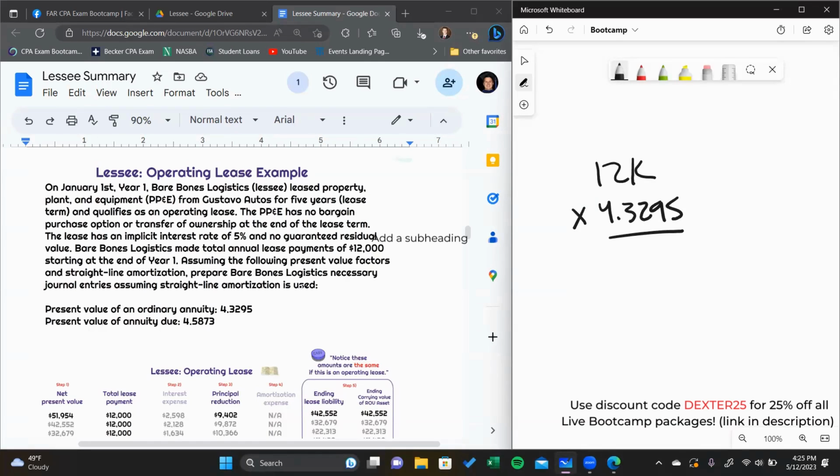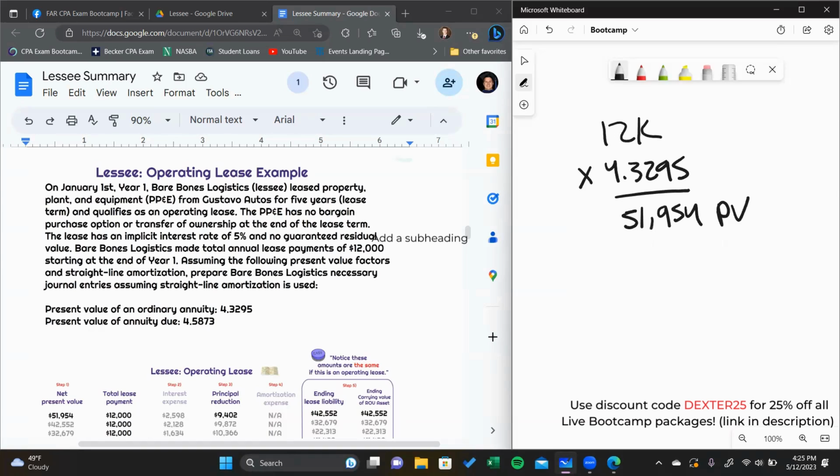And that comes out to be, let's see, I'll punch that in my calculator, 51,954. So that is the present value of our lease payments, right? It's 5 lease payments taking place over 5 years at the end of each year. So the present value of our lease is 51,954.